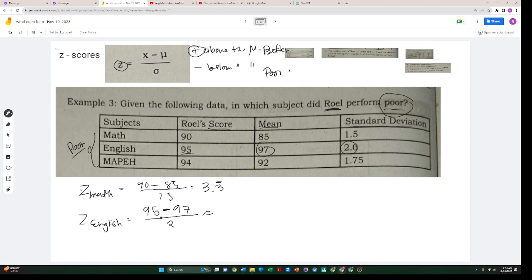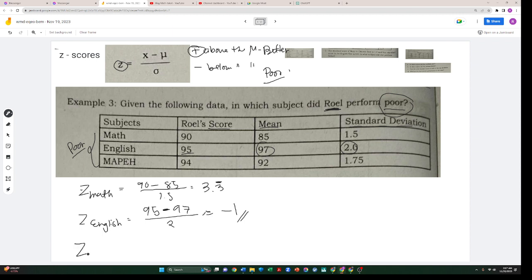So therefore negative jud ang kalabasan ani, di ba no? So let's try 95 minus 97 which is negative 2. Then negative 2 divided by 2 which is negative 1. Again, kung negative gani below which means poor. Pero wala pa ta kabalo, pero nga natay hint ang English.